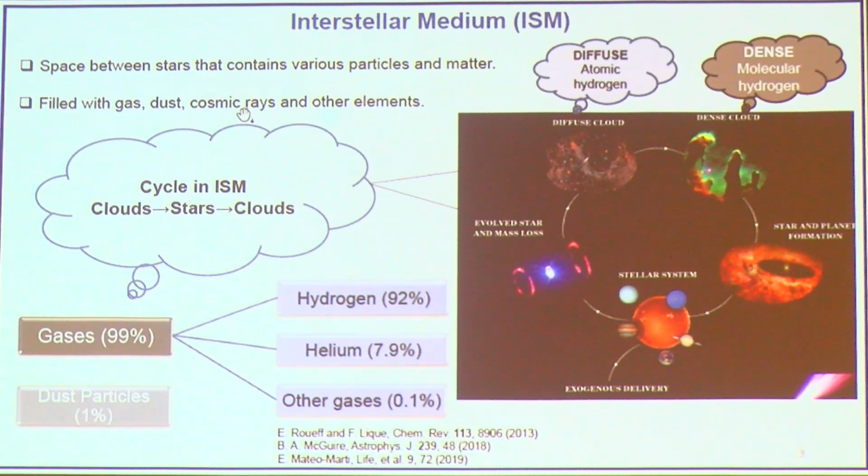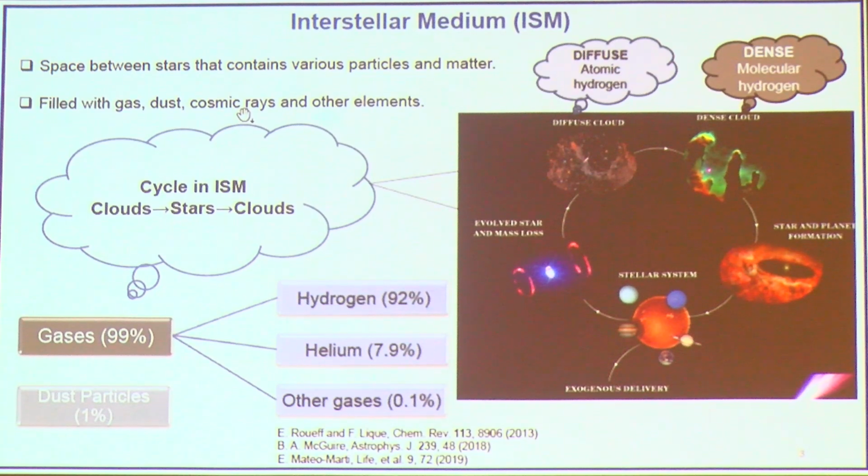Since it is made up of gases, mostly 99% gases, in which hydrogen is the maximum, 92% is found. Helium is close to 8%, and other gases are 0.1%. So since hydrogen and helium are in large number, our interest is the collision of these molecules or atoms with the species present in space.